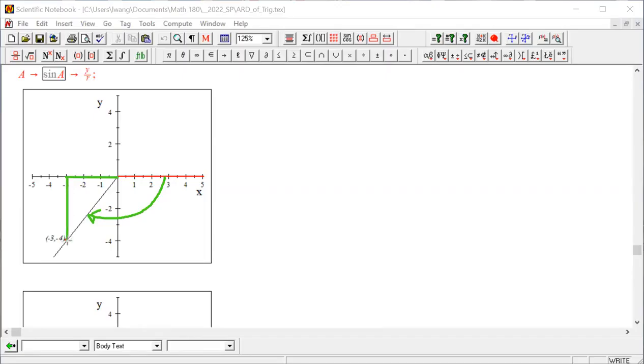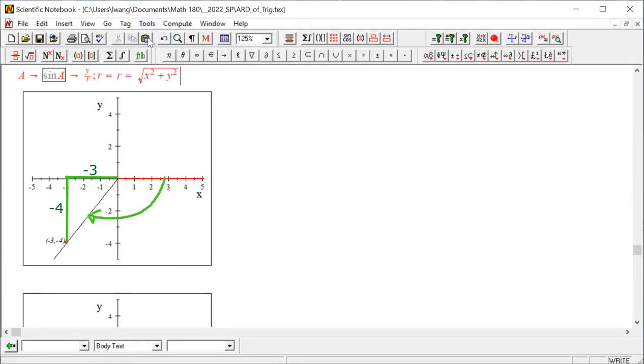So this side is -3, and that side is -4. And what is r then? r is still the square root of x squared plus y squared. So our x is -3.